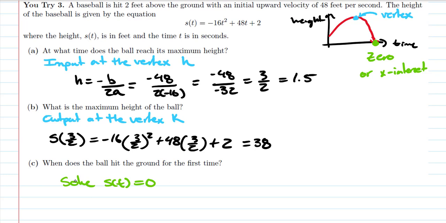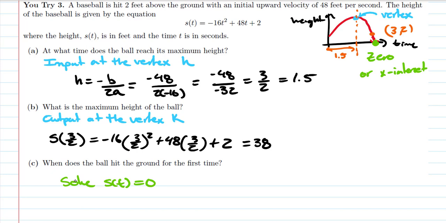So then we want to know, when does the ball hit the ground for the first time? Well, looking back at our picture, we know that parabolas are symmetric about their vertex. So to go from here to here, we know it took 1.5 seconds. So for the ball to get back to a height of 2 feet, it's going to be double that, so that's going to be the point (3, 2).